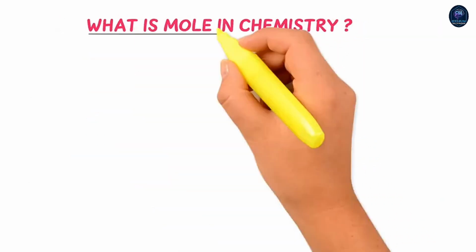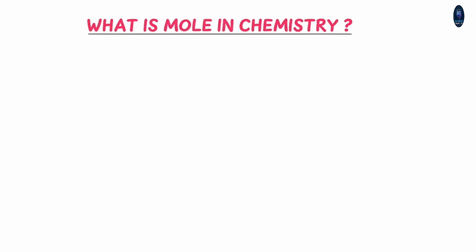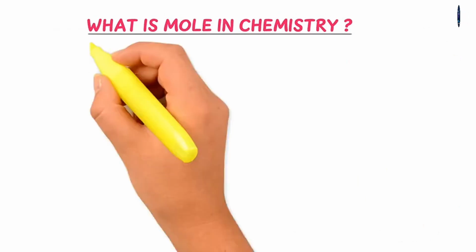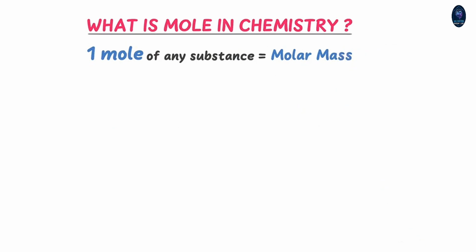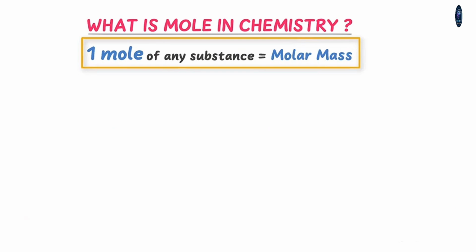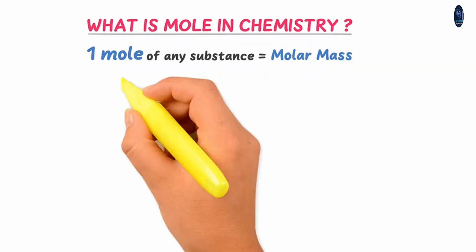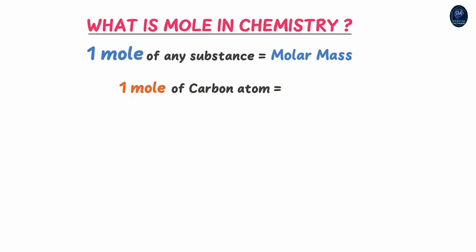Now, what is mole in chemistry? Well, the easiest definition of mole is that 1 mole of any substance is equal to its molar mass. Let me repeat this important statement. 1 mole of any substance is equal to its molar mass. For example, 1 mole of carbon atoms is equal to 12 grams.